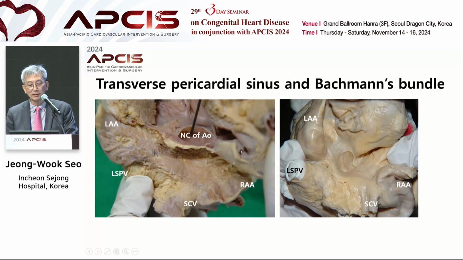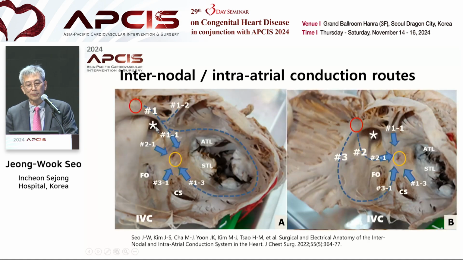And also there is Bachmann's bundle, which is in the lesser curvature of the atrial chamber. This is not a simple thin bundle, but a broad wall of myocardial tissue existing at the transverse pericardial sinus. So by summarizing these 3 pathways, the sinus impulse can arrive at the AV node.